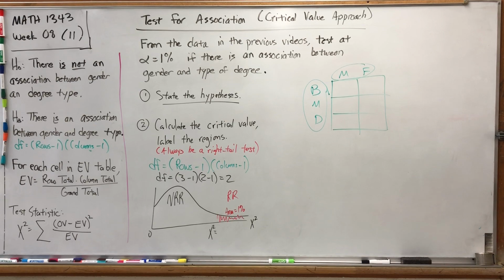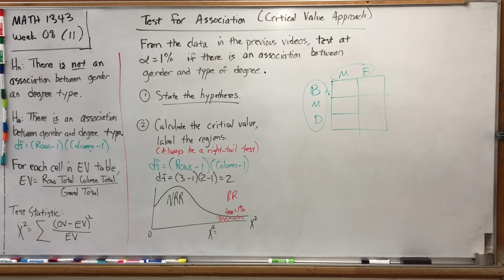UT website, go into Canvas, click on this class, and then we will click on modules and go to week 8 and click on chi-squared distribution. And I'm there.